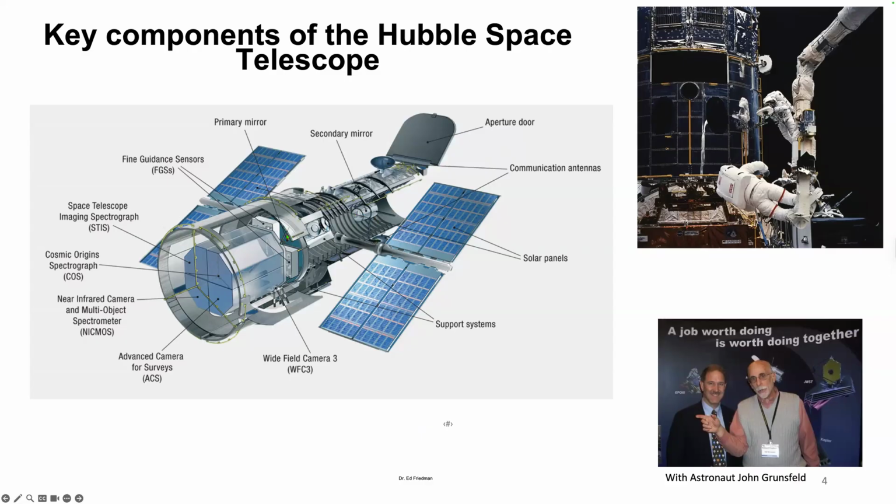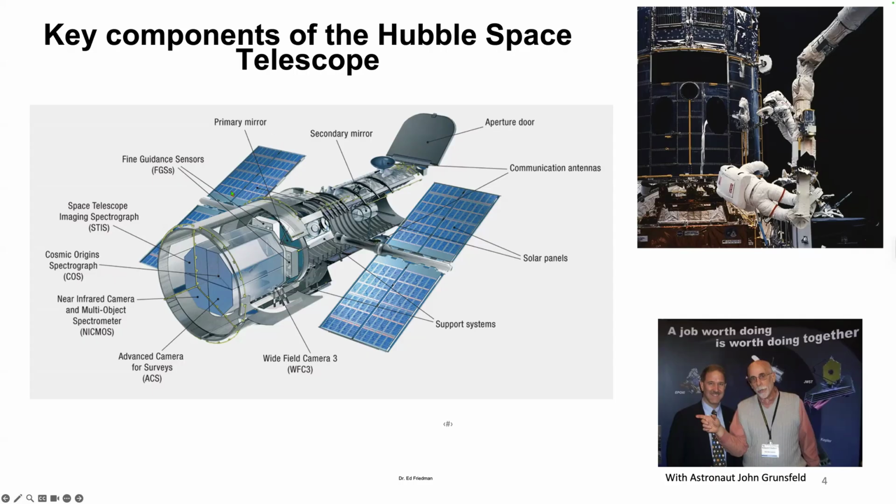There's the secondary, and then the camera assemblies are here. Some of the cameras on Hubble are built in and cannot be replaced. Luckily, some of them were replaceable. And again, here's Grunsfeld working on the replacement that fixed the optical defect in the primary mirror, this piece with the green.